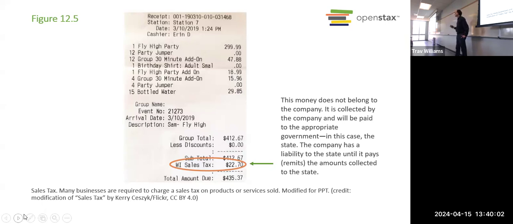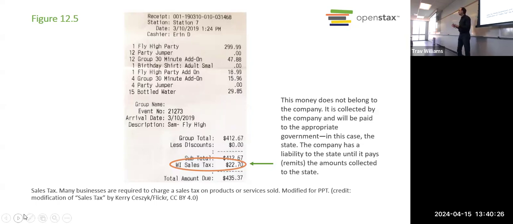Now, there are some cases where you don't get charged a sales tax. Anybody think of something you paid for and you didn't get a sales tax? Typically, services. You don't have to pay a sales tax on services, but most products you do. I don't know what the rule is here in Salinas.